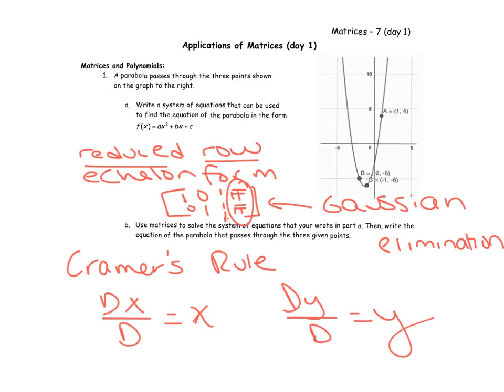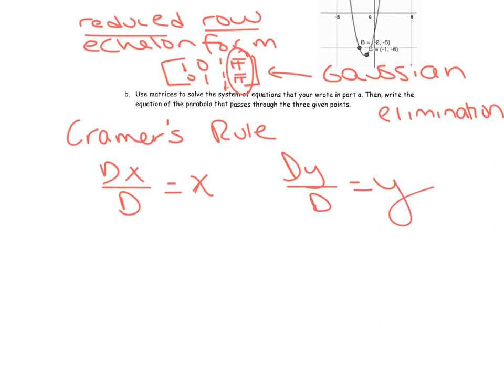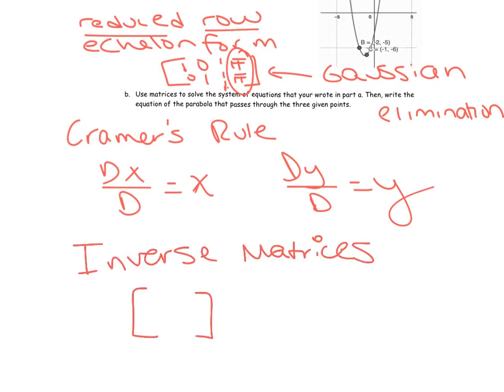Another method we actually talked about as well, in addition to these two, was inverse matrices, where if we were given a matrix, so we'll just come up with a random matrix. Okay, this is not intentional, this is very random. All right, I'm just making this up.